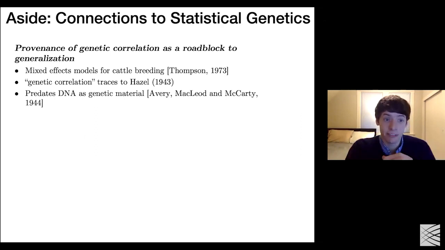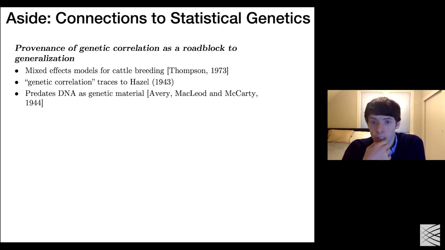But this idea of genetic correlation traces back much further, at least as early as this paper by Hazel in 1943, which actually predates the understanding of nucleic acid as a genetic material a year later. So this idea has come entirely out of this pre-DNA world, where we had no idea what reasonable covariates would be in the context of a linear model.